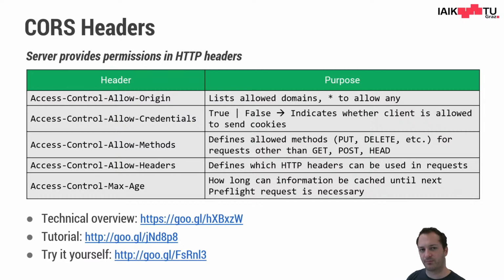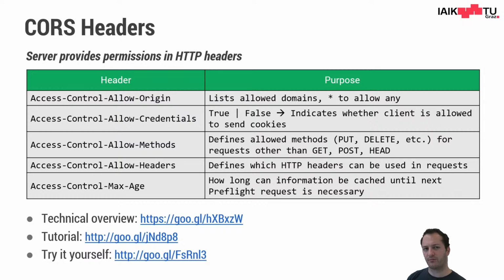To make this protection of APIs even more fine-grained, CORS supports various headers. So you can say, I'm allowing GET requests to my API, I'm allowing POST requests, I allow that cookies are sent, or I do not allow cookies. I allow, for example, how long information can be cached and so on.